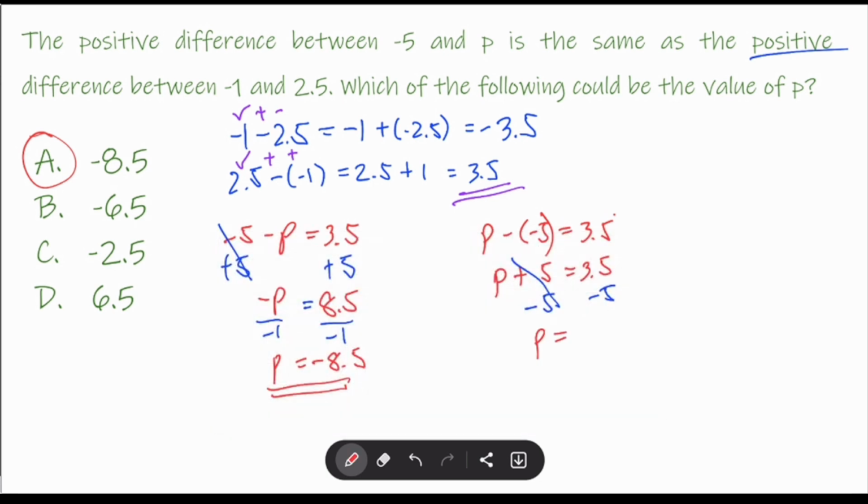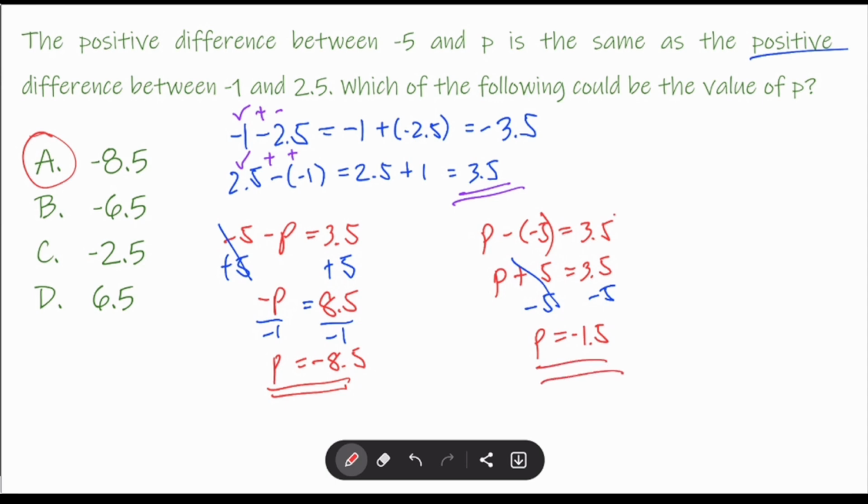So 3.5 minus 5, they have different signs, positive and negative. So we subtract 5 minus 3.5 is 1.5, and the sign of the bigger number is negative, so it's -1.5.